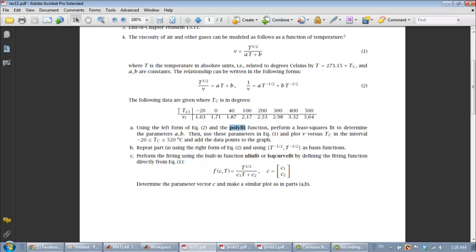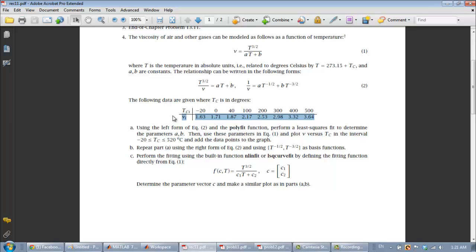We're also given initial values in temperature, in degrees Celsius, which we'll probably have to convert to Kelvin. And we're given viscosities. Okay, so these are probably going to be our dependent variable, and this is going to be our independent variable. More on that later.